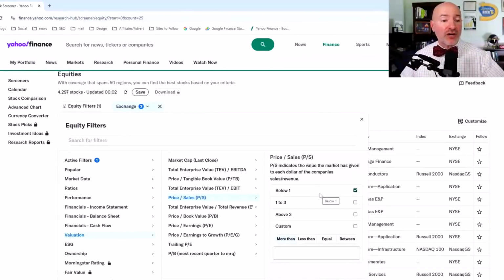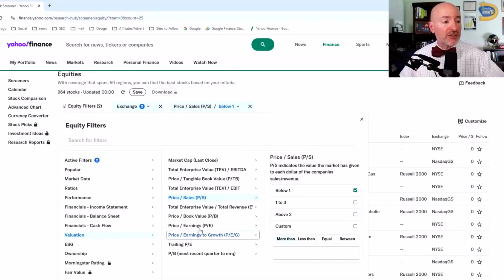With trying to find cheap stocks within the tech sector, you might have to go from 1 to 3 on a price to sales. You might not find anything below 1. In some of these other sectors, below 1, you're probably only going to have companies in the consumer staples or the slower growth ones. But we're going to try below 1 there.